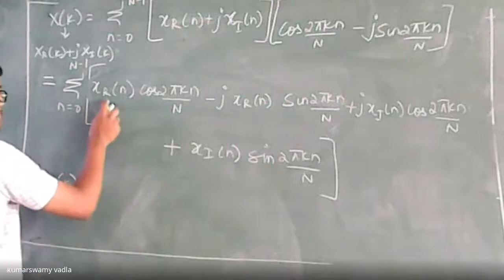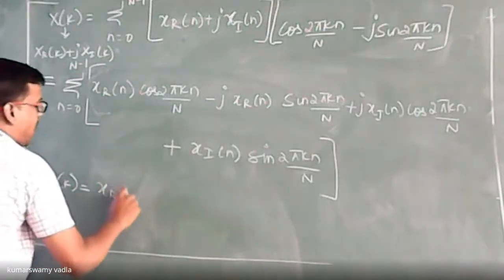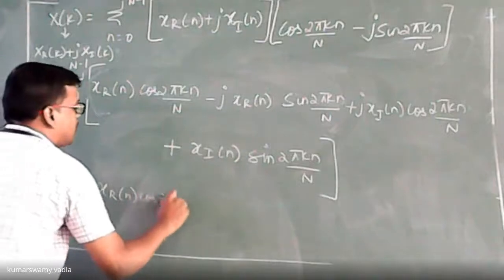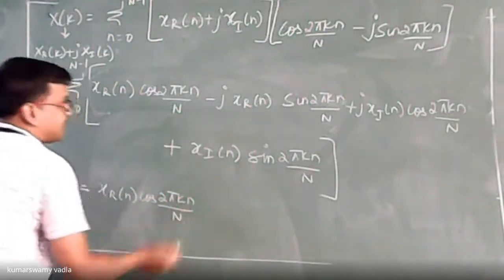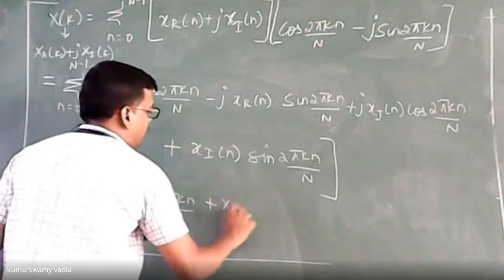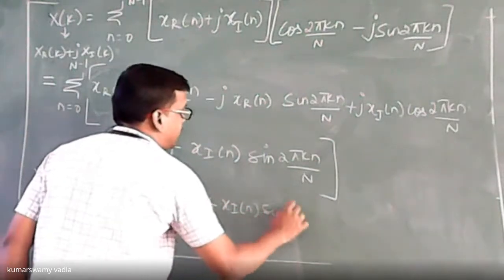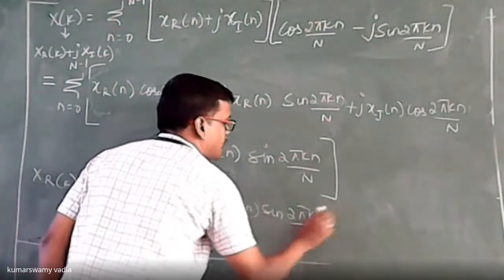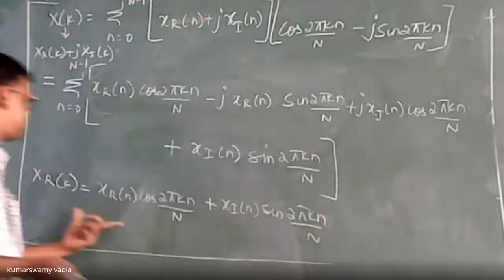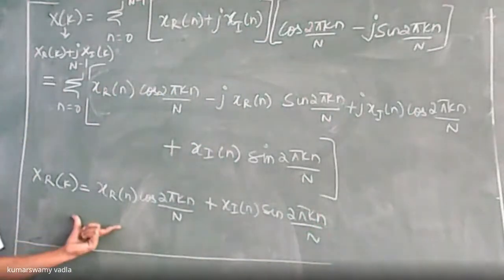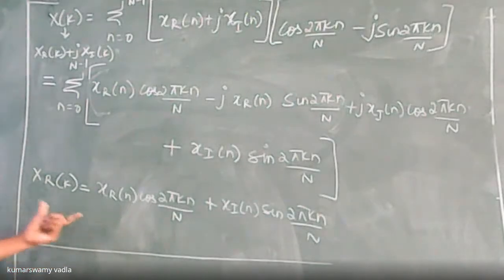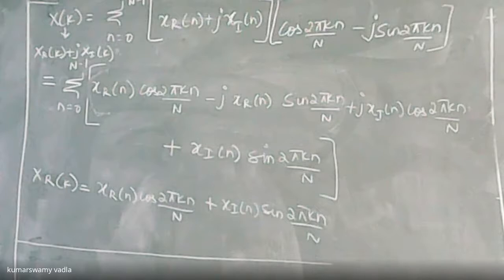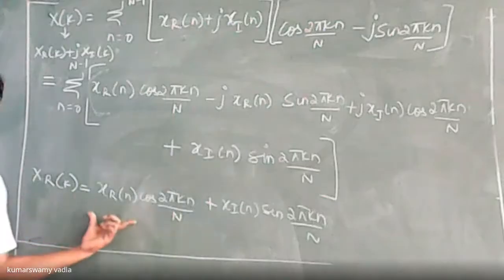Xr of k is x_r of n cos 2 pi k n divided by N plus x_i of n sin 2 pi k n divided by N. Is this point clear for everyone? Have you noted down till here, students?